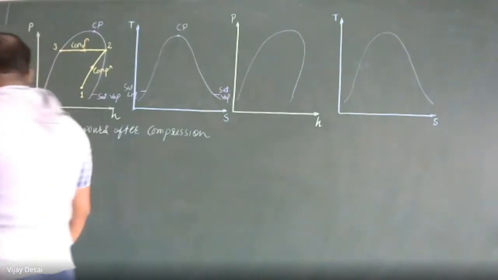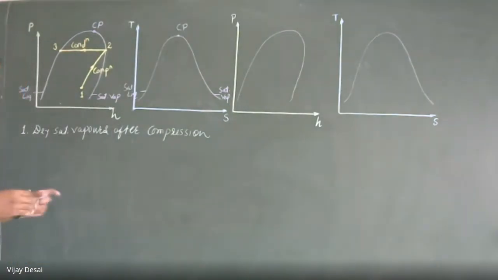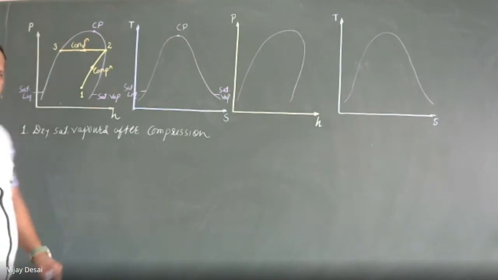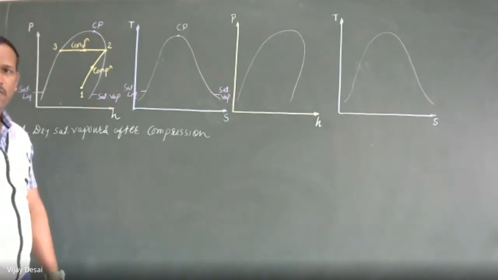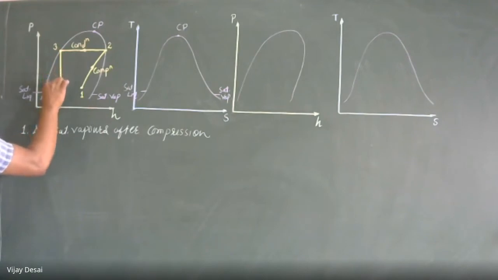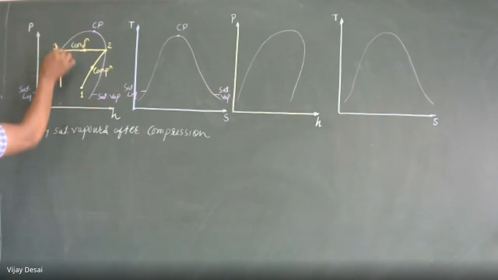And we know that in the throttling process, enthalpy always remains constant. So point 3 is the entry of the expansion valve or throttle valve, and during throttling, enthalpy remains constant, so we get a constant enthalpy line, a vertical one, because enthalpy is the same.